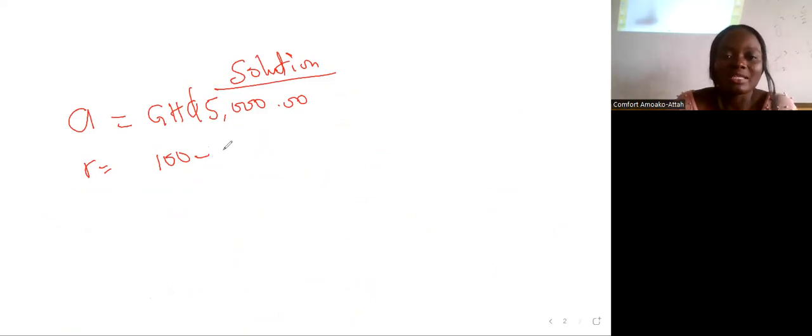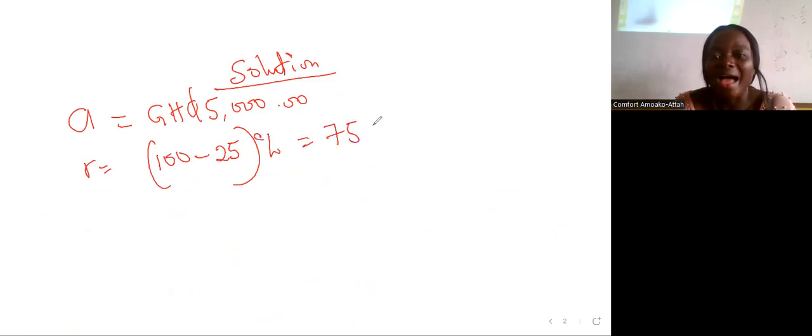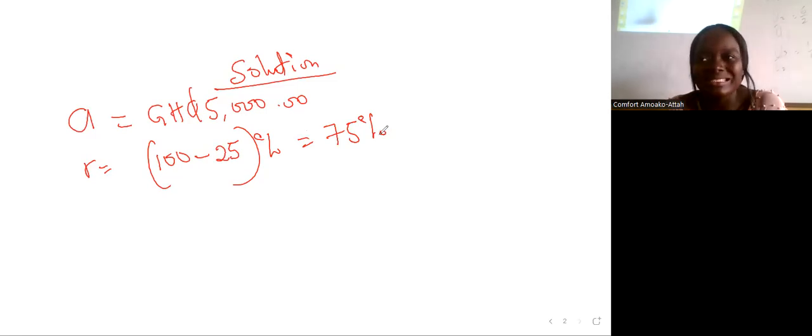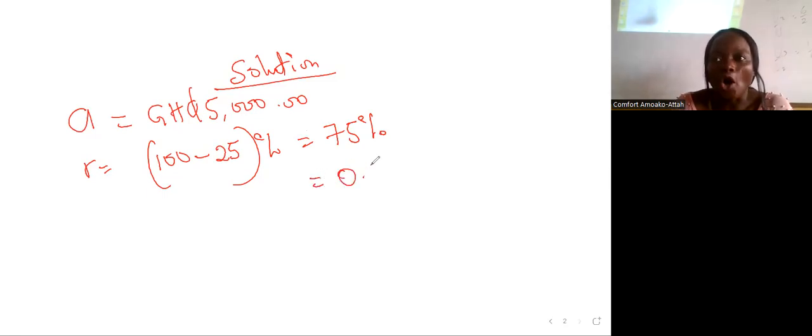So you subtract the 25 from 100, and that gives us 75%. 75% is not the same as 75. So converting this into decimals, we get 0.75. Good. So our common ratio is now 0.75.